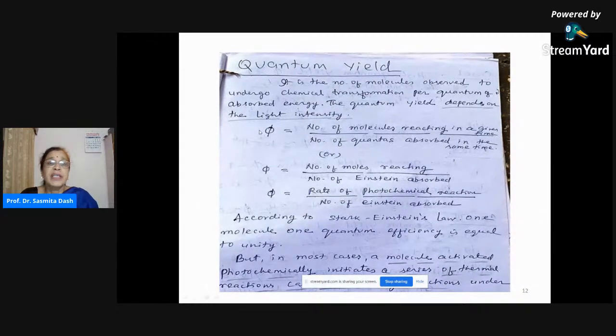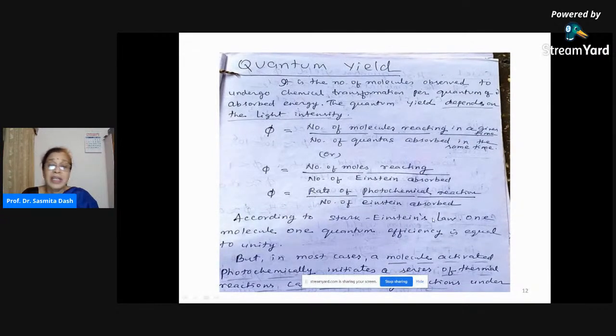We can define quantum yield in this way: the number of molecules reacting in a given time divided by the number of quanta absorbed in the same time. Or we can say the number of moles reacting by the number of Einstein absorbed. Still another definition: the rate of photochemical reaction by the number of Einstein absorbed.